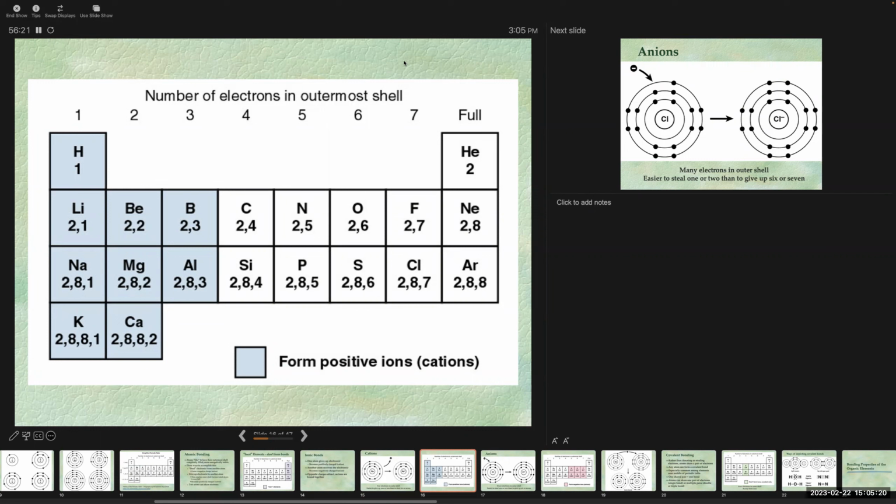In column 2, you've got things that have 2 electrons in the outer shell. You don't hear much about beryllium being involved in biological systems. Same thing with magnesium. I think there are some things that involve magnesium, but calcium is incredibly important in living systems, certainly important in humans and all animals. Calcium is important for the release of neurotransmitters in presynaptic neurons.